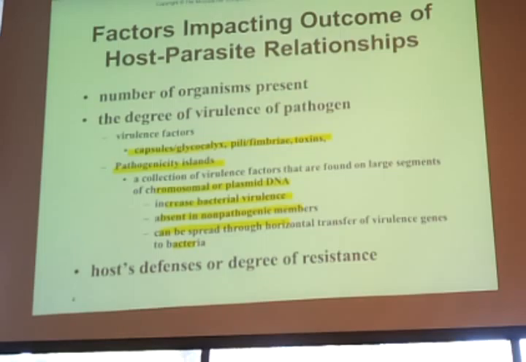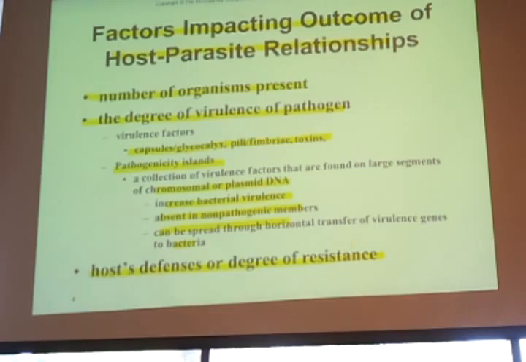Okay, so when you look at the factors impacting the outcome of this relationship, you have the number of organisms present, the degree of virulence of that organism, so how pathogenic it is, and the host defenses, or the type of resistance somebody has. These things are all related in a certain way.